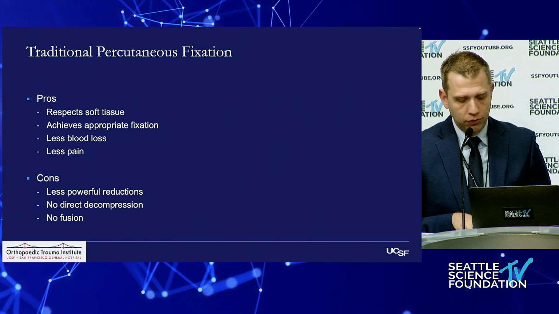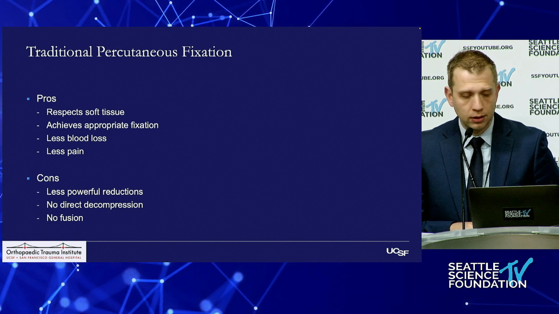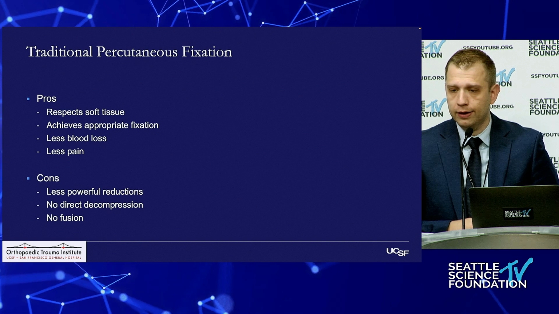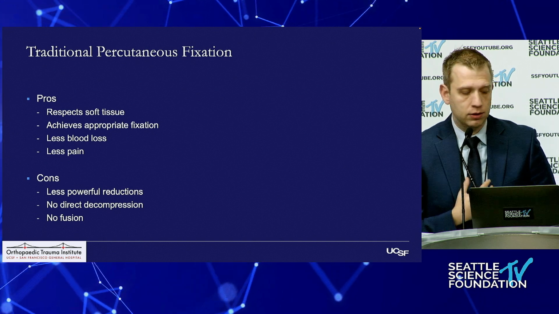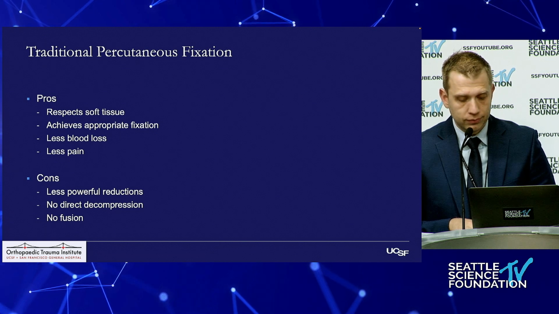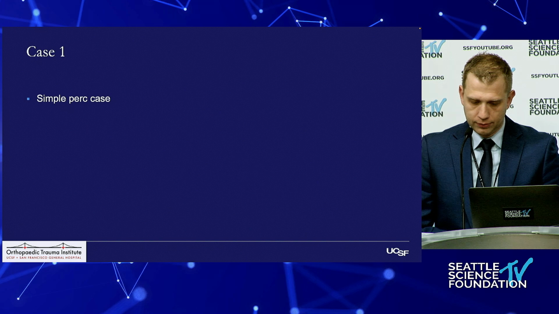I'll go through a few cases here to help illustrate some of these concepts and how incorporating MIS could help address some of these cons. Let's start out with a simple percutaneous case.